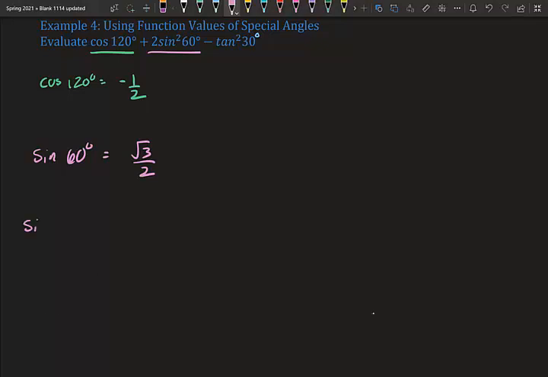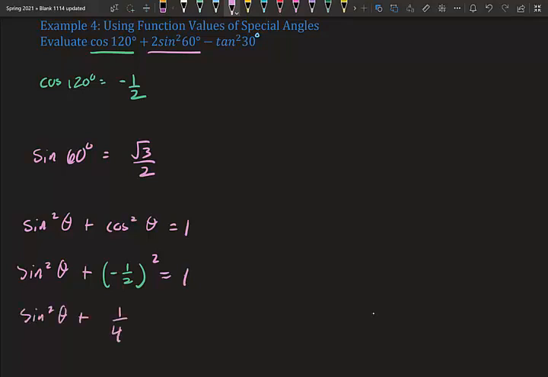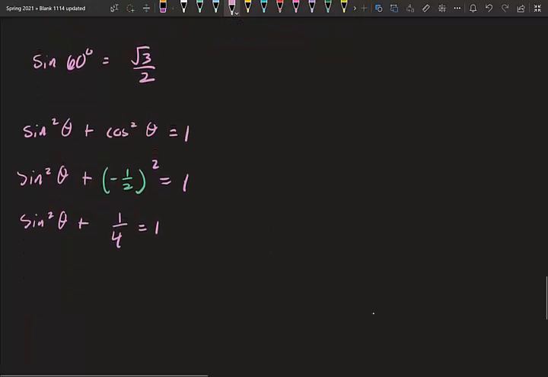So we could use sine squared theta plus cosine squared theta equals 1. So we have sine squared theta plus cosine squared, which is -1/2, equals 1. So we have sine squared theta plus 1 over 4 equals 1. Subtract 1 over 4.